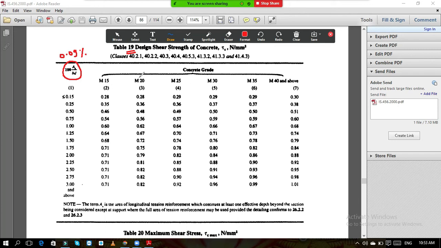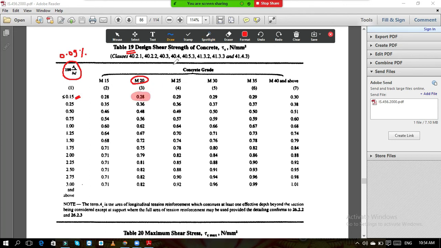So what is the value of tau C now, the permissible shear stress? For M20 grade of concrete, you need to look at this column. The first value is 0.15, and if it is greater than or equal to 0.15, then it is 0.28. If the value is less than 0.15, then you should consider the minimum value as 0.28.